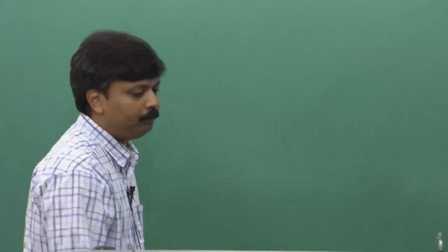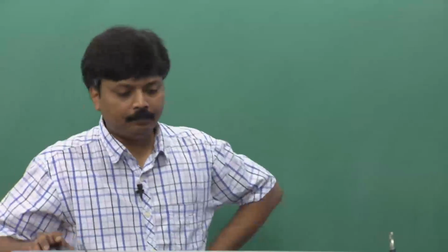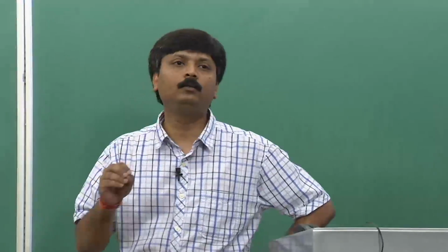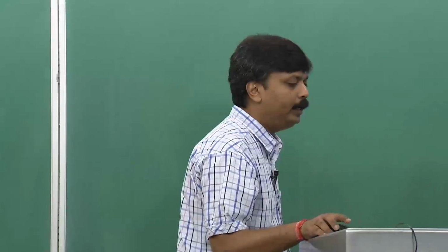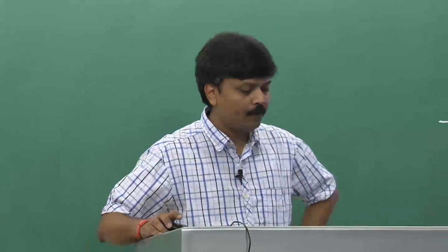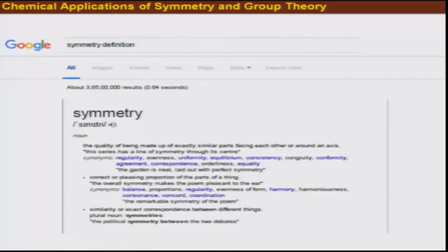So let's have a look at the result that we obtain by putting the term symmetry in a Google page. Here it is. You can see a definition of symmetry is given here, which says the quality of being made up of exactly similar parts facing each other or around an axis.